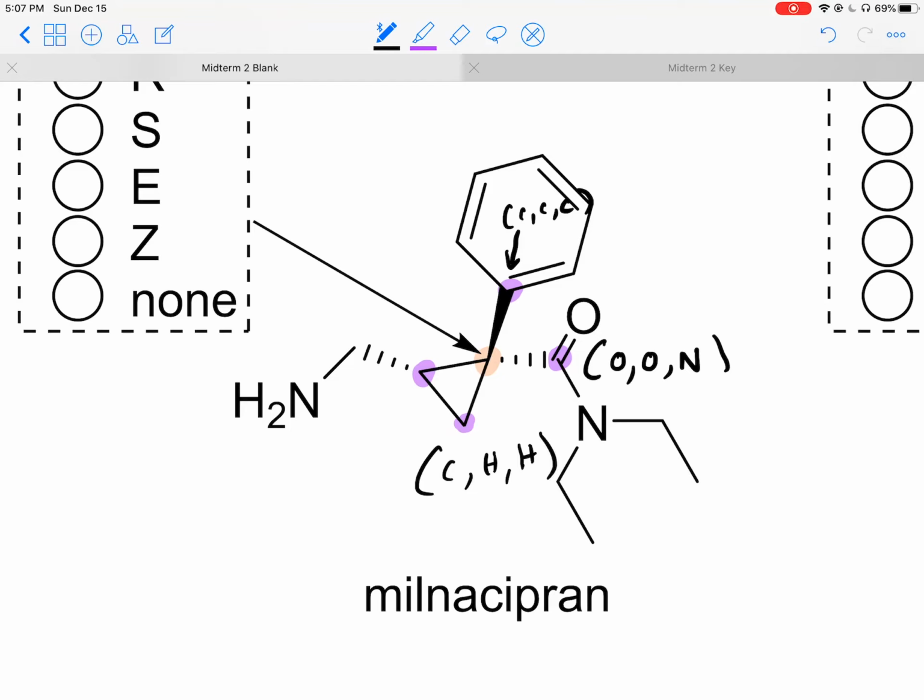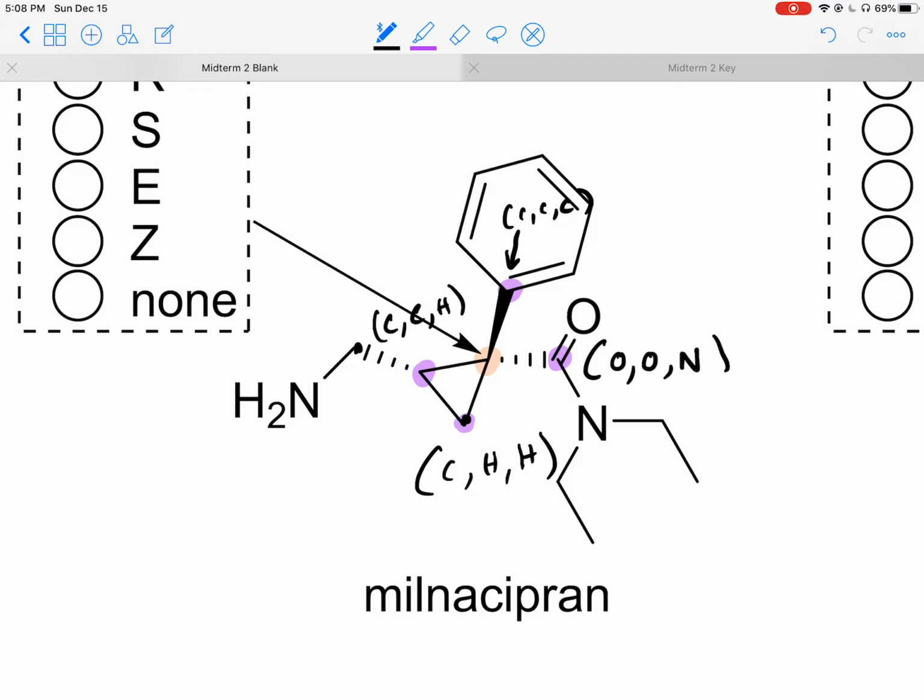And then lastly, this purple group is attached to this carbon, the carbon right here, the other purple group, and then the implied hydrogen right here. So that's going to be C, C, H.